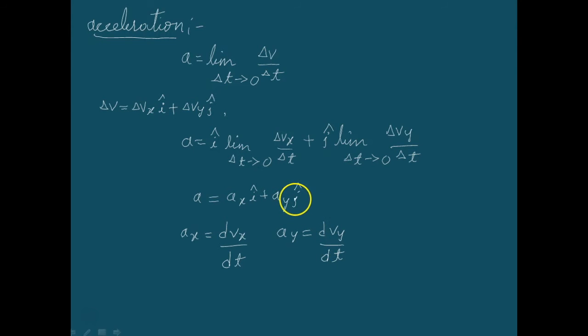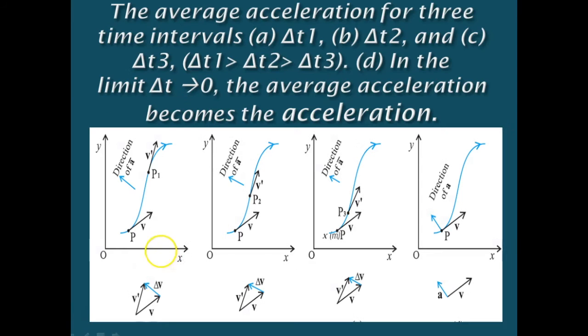So, as in the case of velocity, we can understand graphically the limiting process used in defining acceleration on a graph showing the path of an object's motion. In order to understand this limiting process, we'll consider graphs. So, let us see those graphs.